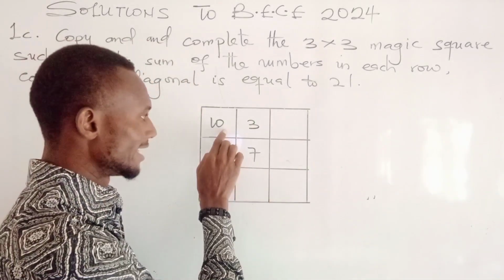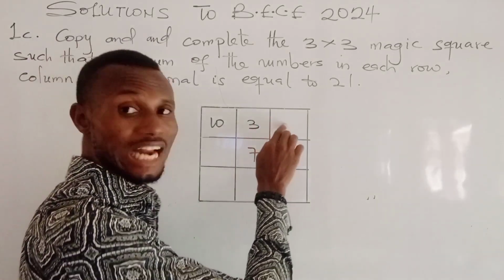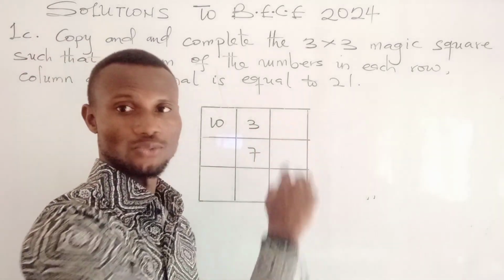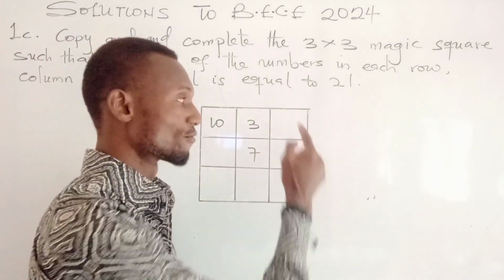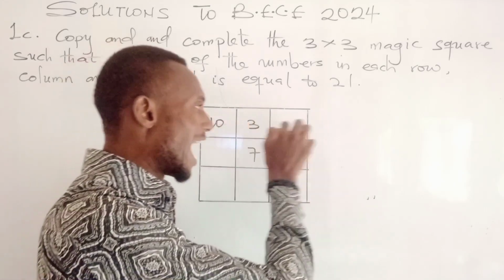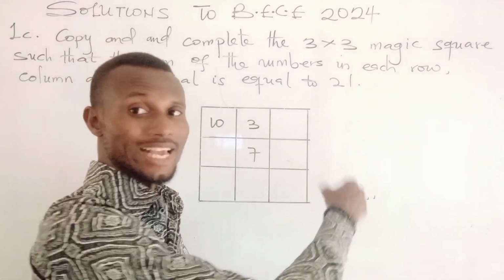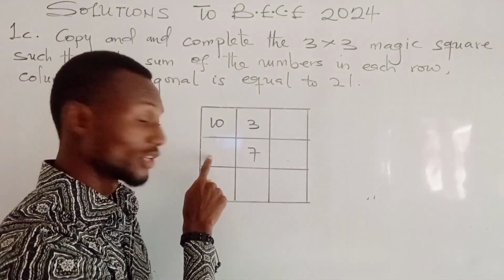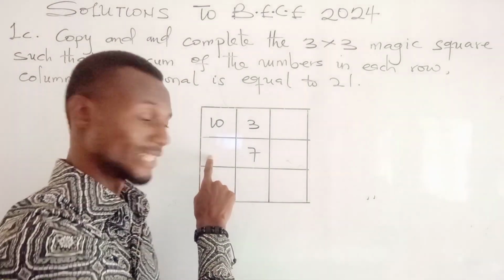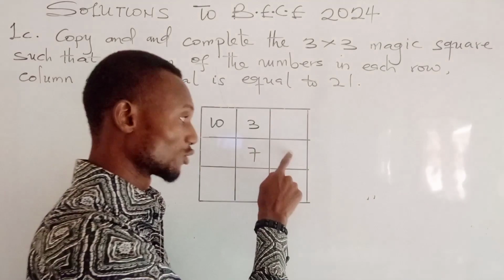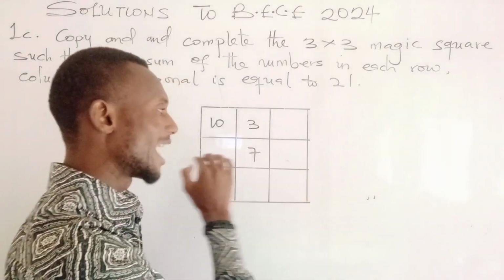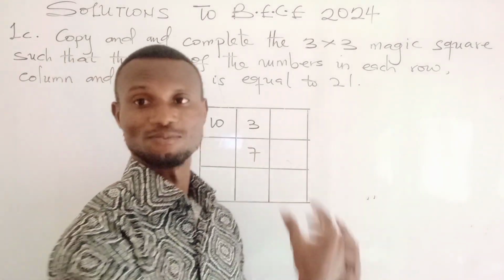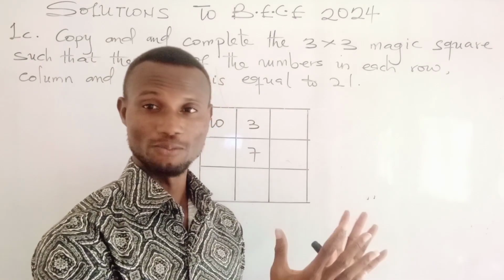So when I add this to this and also the number which is supposed to be here, which we are supposed to find, when we add the three of them, we are supposed to get 21. Again, when we add the number which is supposed to be here, which we need to find, and also this 7, and also the number which is supposed to be here, it's supposed to give us 21 as well. I hope you are okay with it.